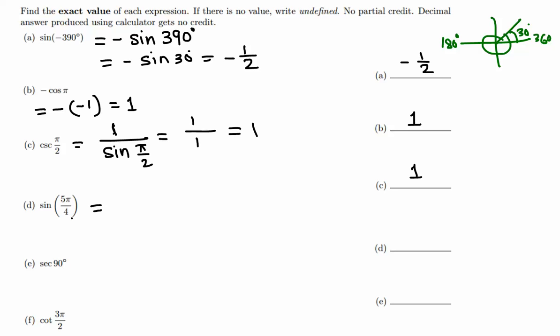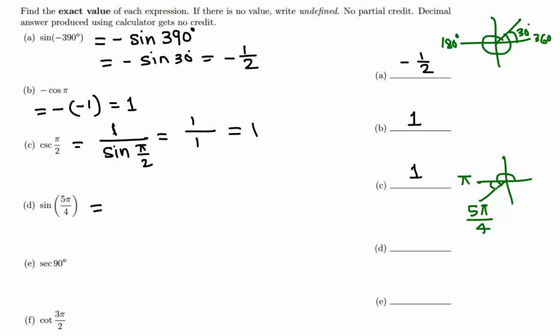Sine 5 pi over 4, let's locate 5 pi over 4. It is bigger than pi, because 4 pi over 4 would be pi, so this is pi and a little bit more, and this would be 5 pi over 4.